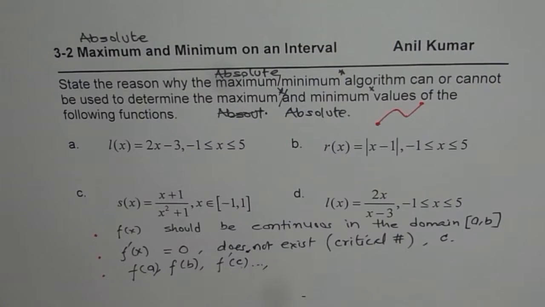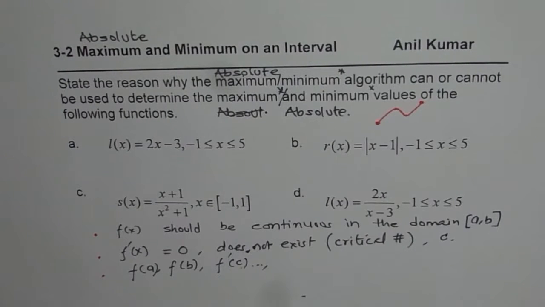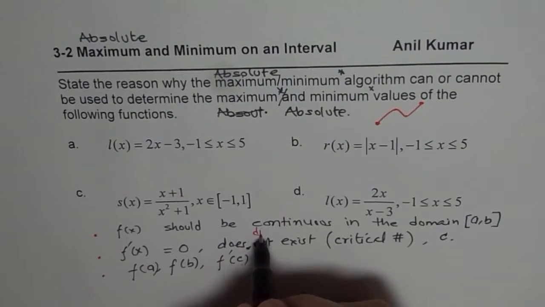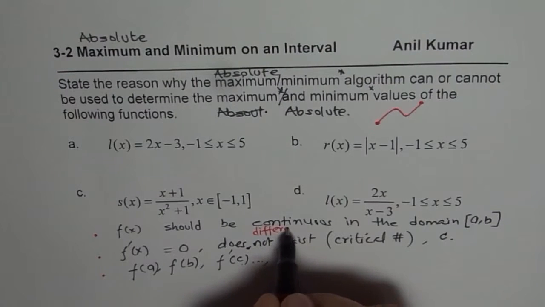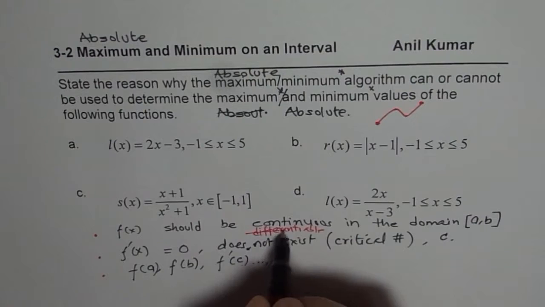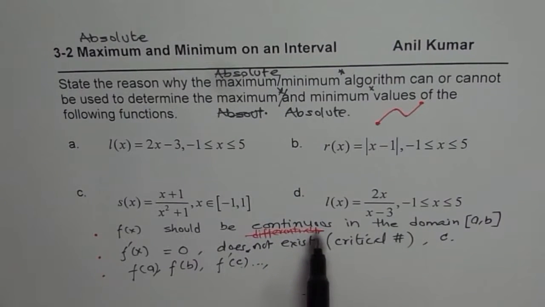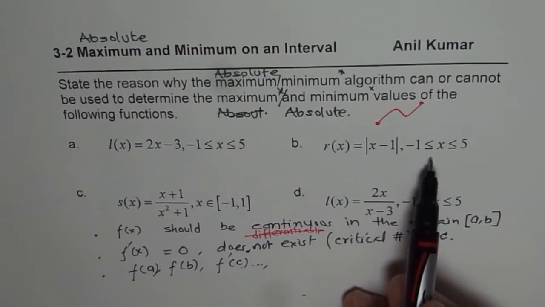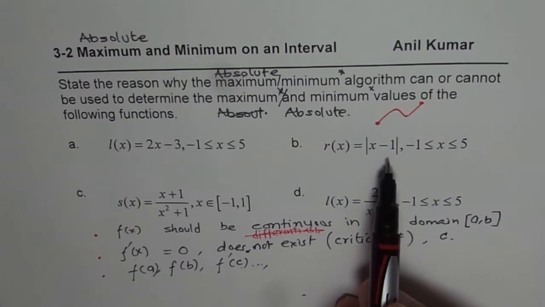So that is how you need to find the absolute maximum or minimum for a given function in the given domain. Now, in some books, they say it should be differentiable, right? Instead of continuous, but that part is wrong, because I'll give you an example which is not differentiable in its domain, but it has an absolute minimum, right?